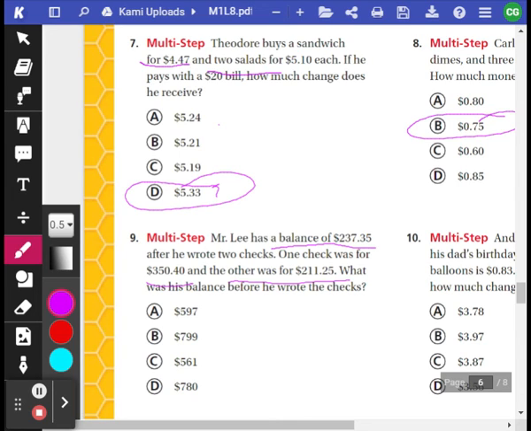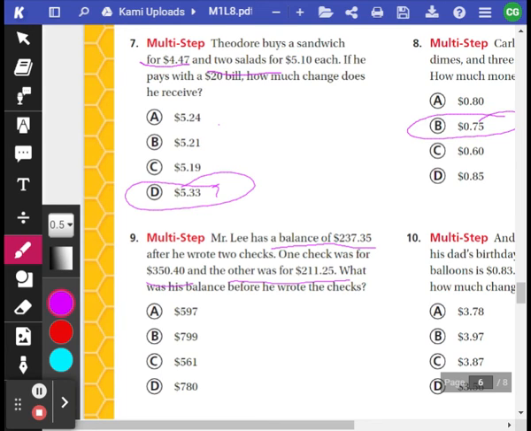I'm going to have to add back in the $350.40, and I'm going to have to add back in the check $211.25, plus this ending balance. So we're working backwards. Whenever we need to find out the starting balance in a checkbook, we're going to do the opposite.